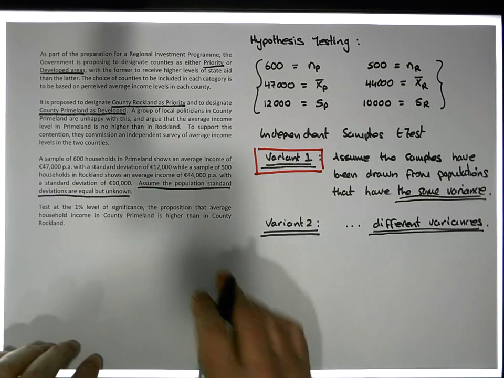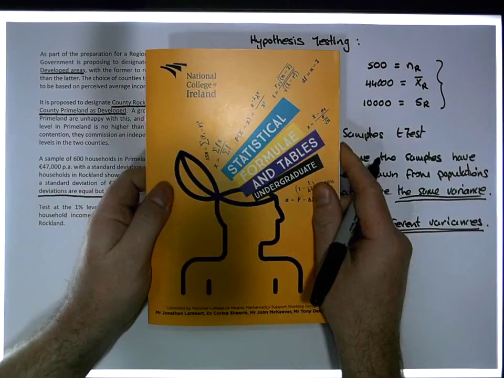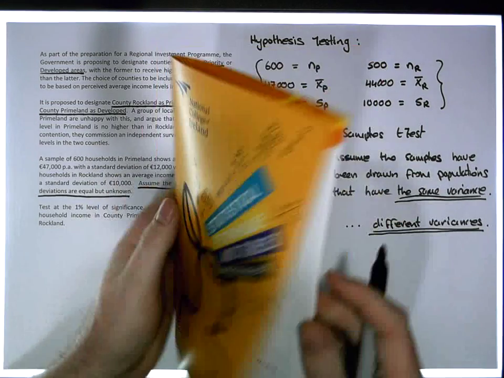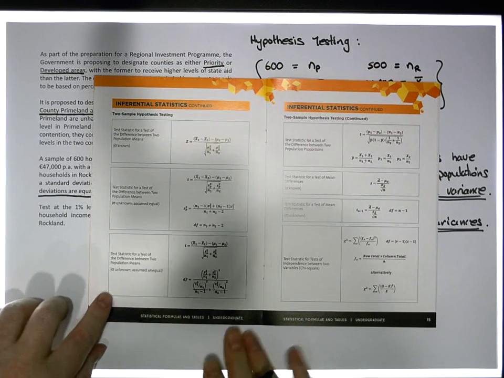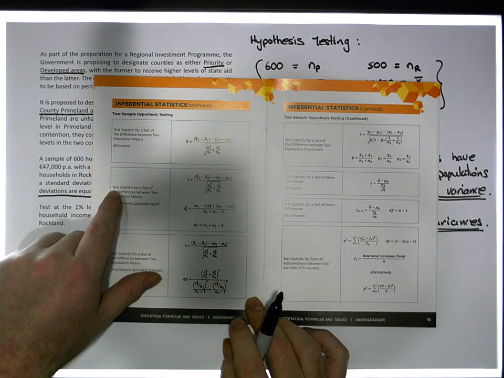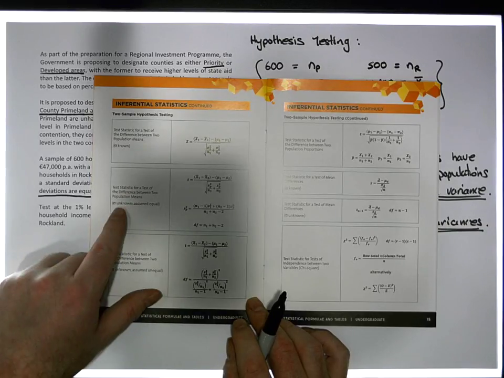Now, just to keep in mind, we have a set of tables that we provide to our students. These tables give us all of our test statistics, and in this particular instance, we have a test statistic for a test of the difference between two population means, where we assume sigma is unknown.